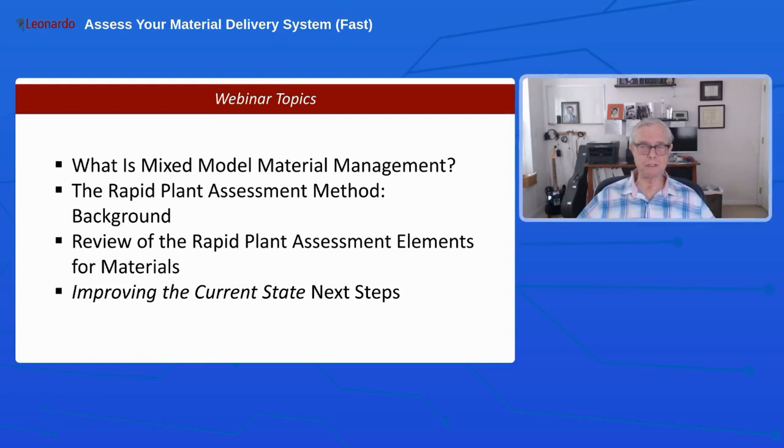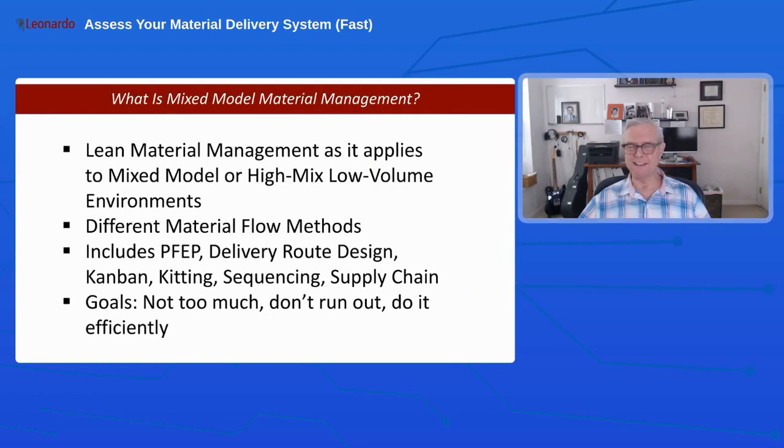And then we'll look at those elements that apply to material management specifically, and how this methodology, the rapid plant assessment or RPA method, might apply to that. And then we'll talk about next steps. So it should be very interesting. It's always a fun topic to talk about, and especially how this developed, the backstory on this.